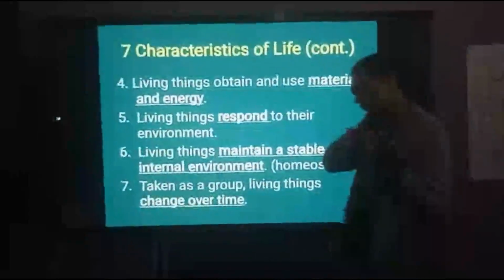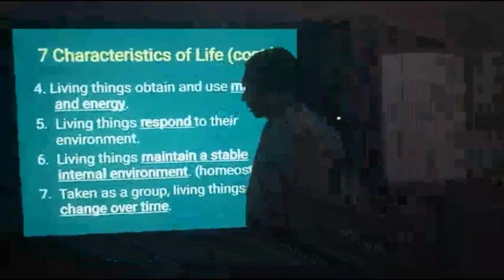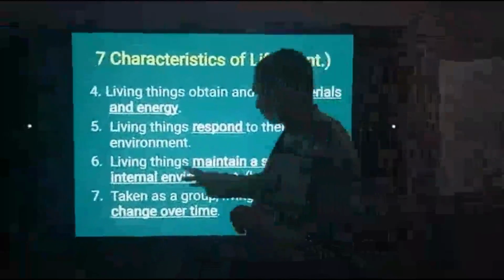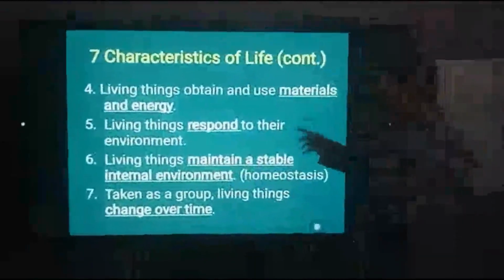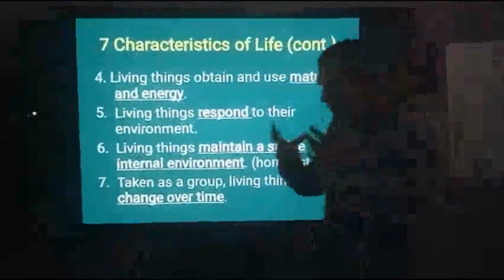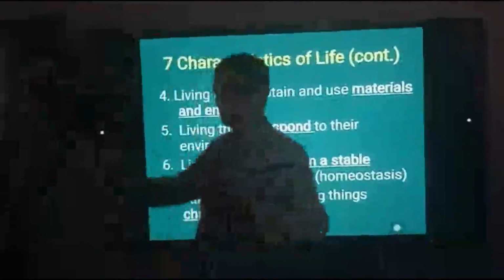So it is an example of how to maintain a stable environment inside our body. We call it homeostasis. That means living things always try to maintain a stable environment.